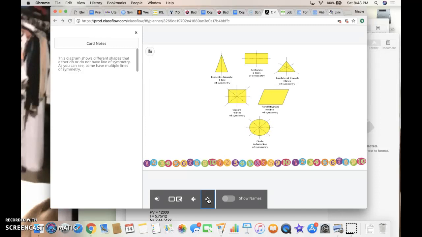That means if you tried to fold it any type of way, it would not line up with the other side. And then a circle has infinite lines of symmetry because no matter how you fold it, it will always line up.